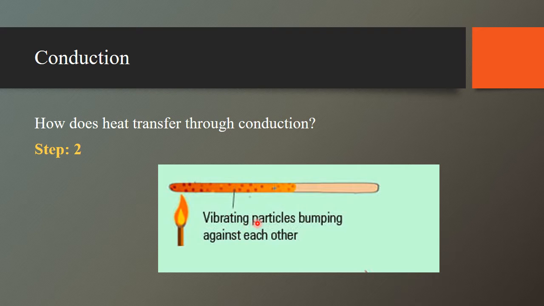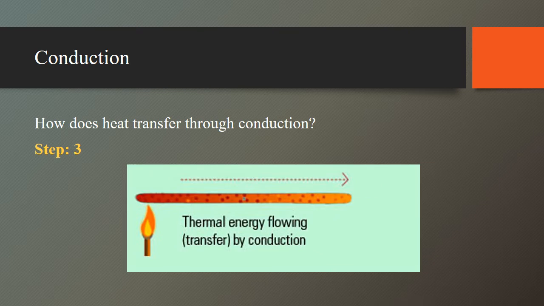So these vibrating particles will bump into each other. In this way, they will transfer energy from this end to the other end. In the third step, the energy transfer will take place when one end of the rod is heated and the temperature rise will be felt on the opposite end. This transfer of heat happens through conduction.